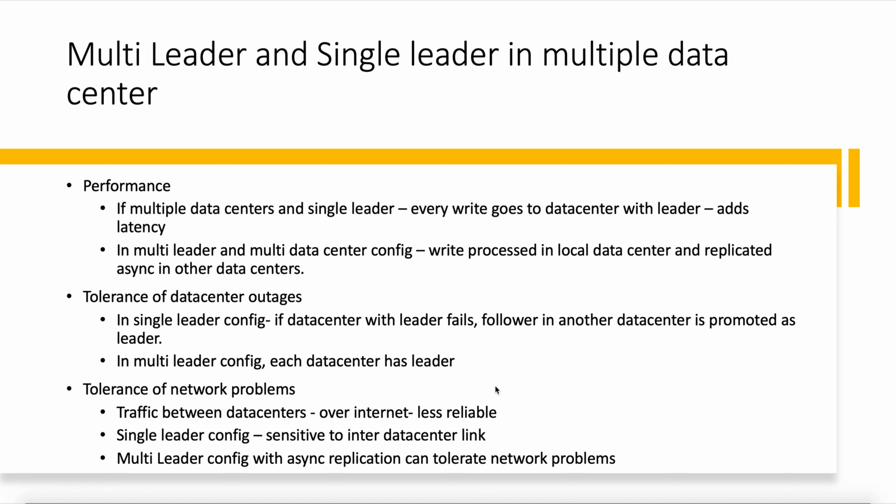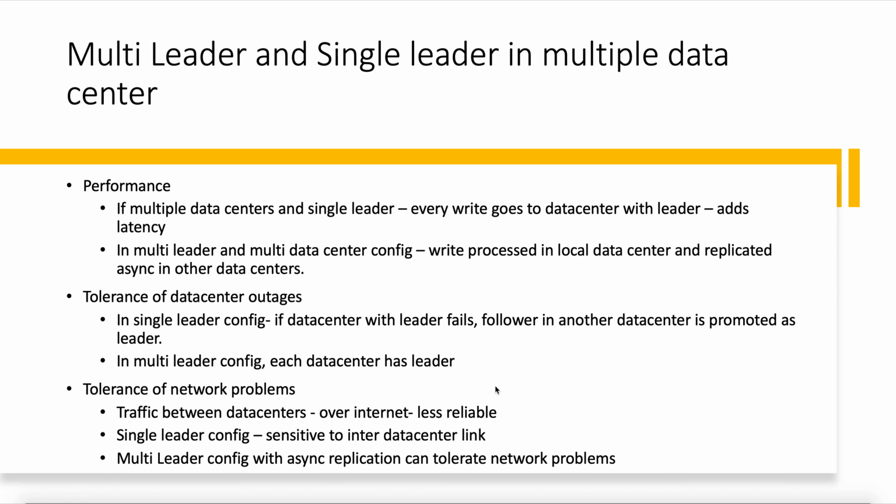But in a multi-leader configuration with multiple data centers, writes are processed in the local data center and then replicated asynchronously to other data centers. Thus, the inter-data center network delay is hidden from the users and the performance observed by the users is better.